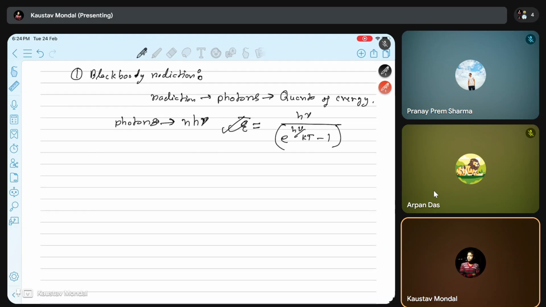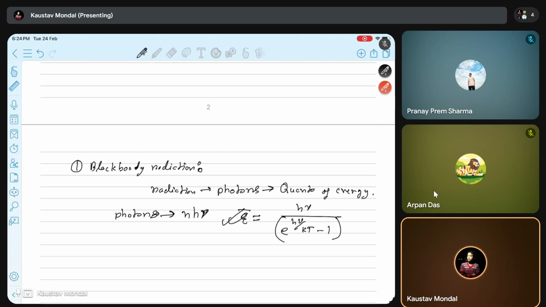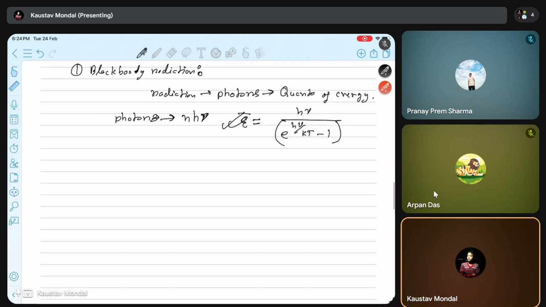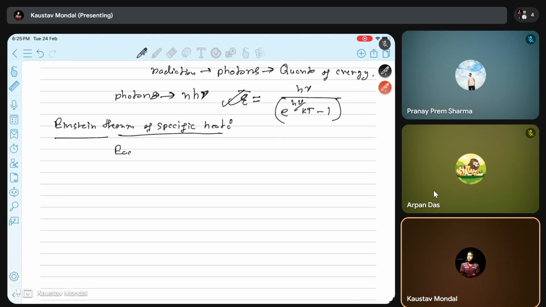So Einstein's theory of specific heat proposes that each atom vibrates with the same frequency nu about its mean position.